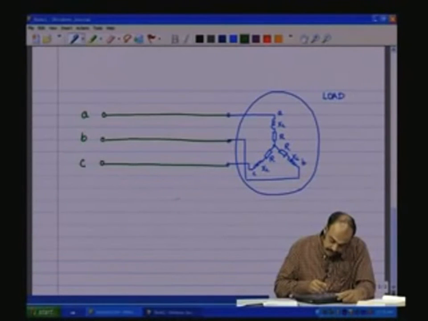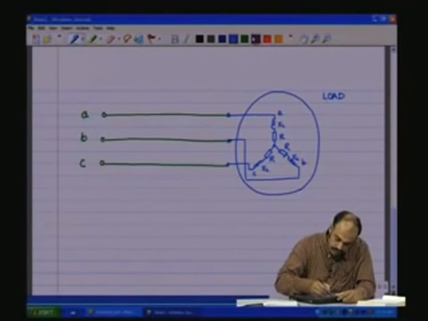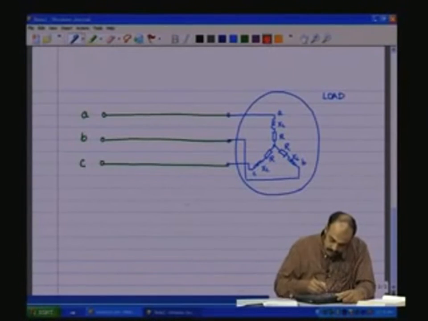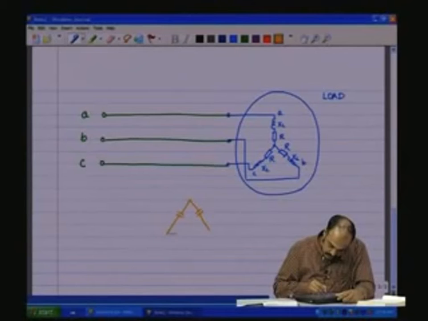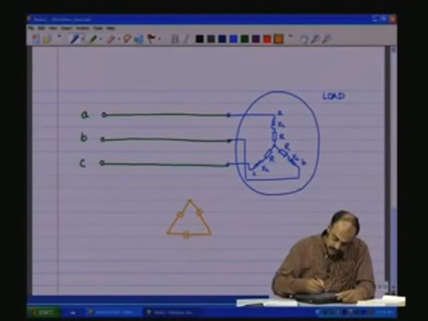So, let us have the capacitors connected in a fashion as shown here. Let us connect 3 capacitors in delta as shown here.